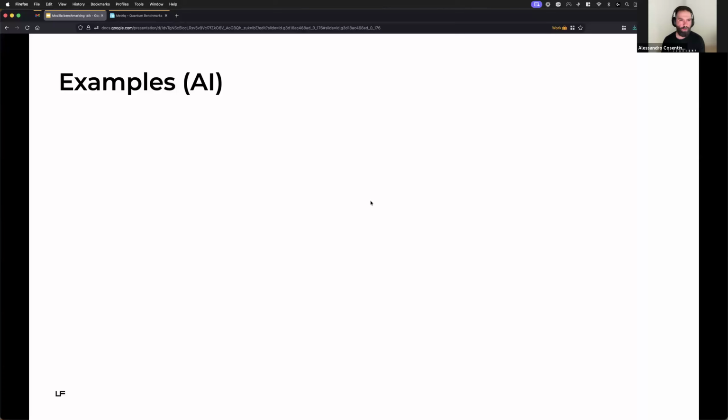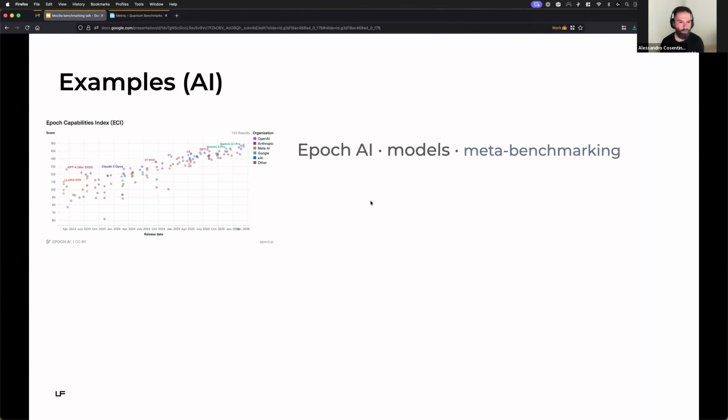So more recently, of course, we are all hyped up by AI, so we definitely need to understand which model is the best. As I said, we can benchmark not only the machines, but also the things that run on those machines. In this case, large language models can be ranked based on specific tests of real world applications.